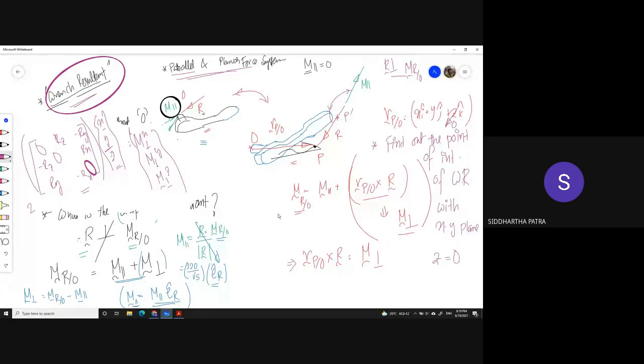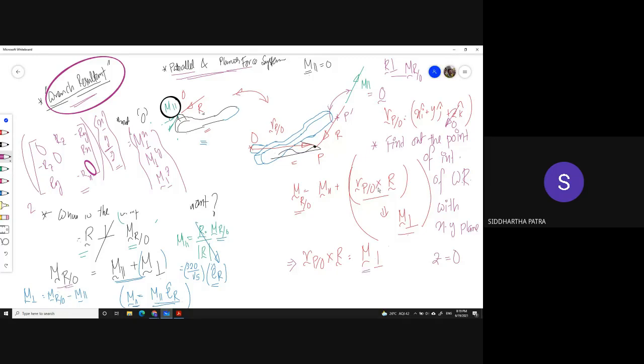In that situation, you can reduce the system to a single force system, which would basically mean it's a range resultant with M parallel equals 0. So the simplest resultant, or single force resultant, is the range resultant with M parallel equal to 0. In that case, MRO would simply be M perpendicular.